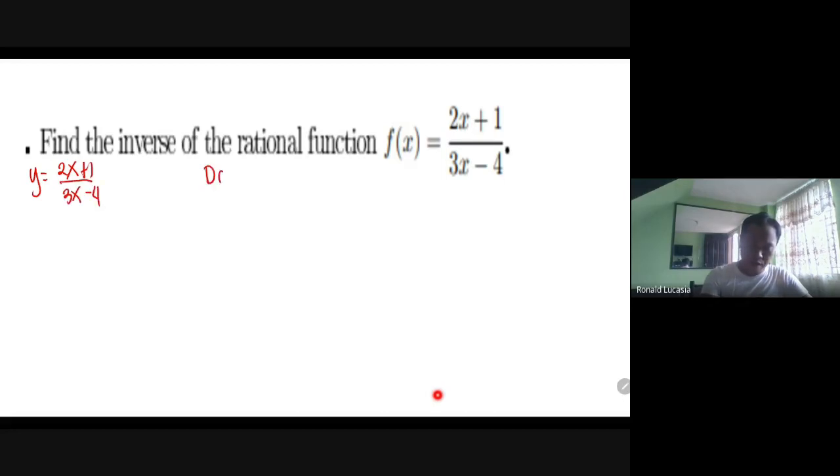Who can give me the domain of the original function? When we say domain, it is any value of x that, when you substitute it to the function, will make the function defined.